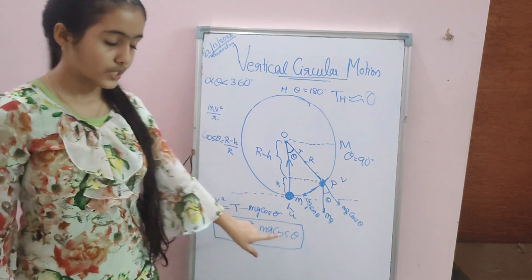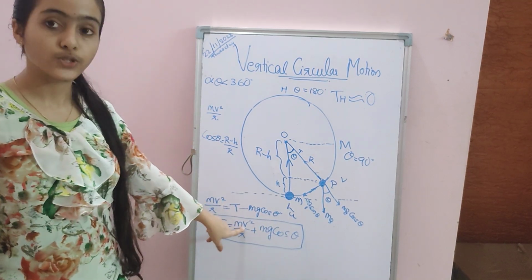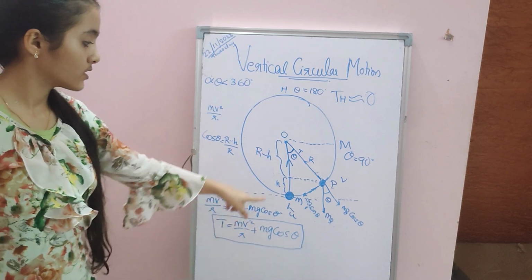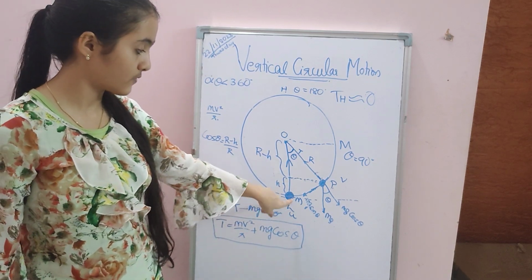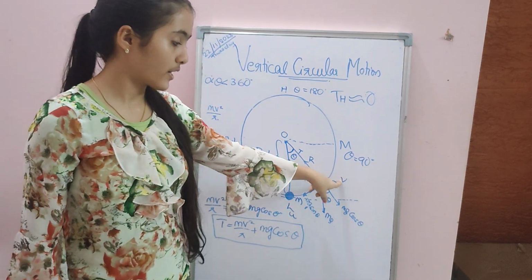We can substitute it in here, but before that we also have to substitute v square. We know the initial velocity is u and the final velocity is v.